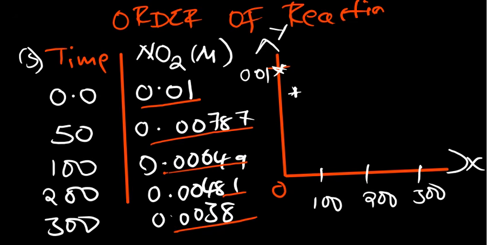Okay, then after some time it reduced to 0.06. That is after 50 seconds. 200, 300, okay, 300 is 0.038, somewhere there. So this is the way it is coming out.